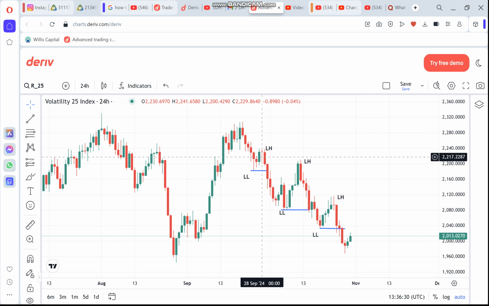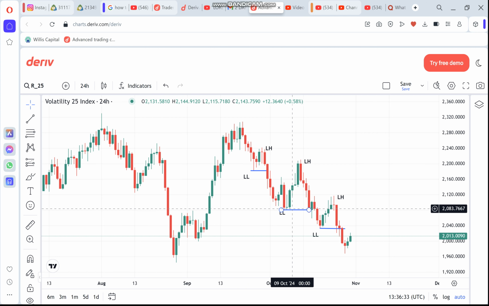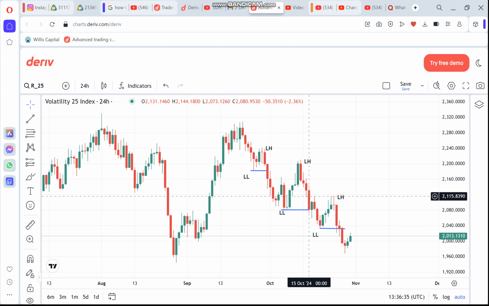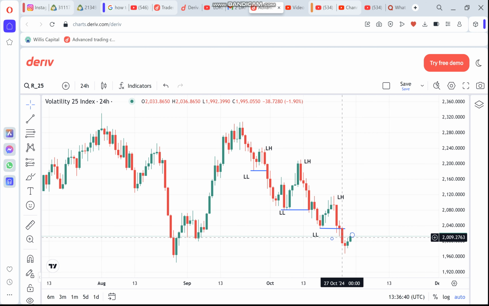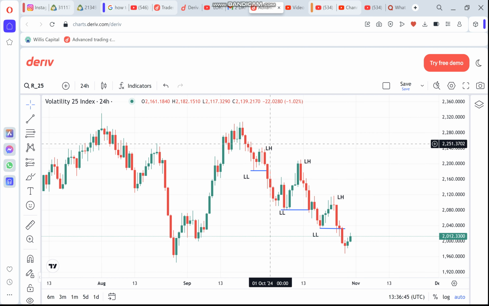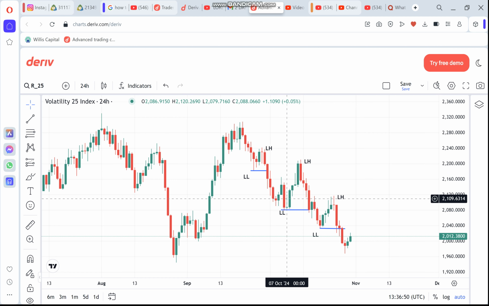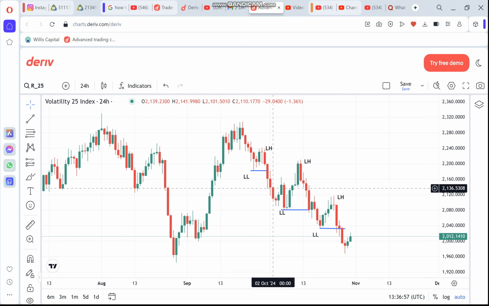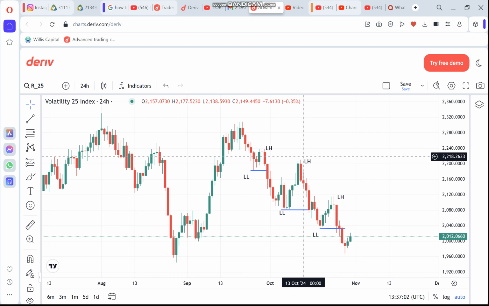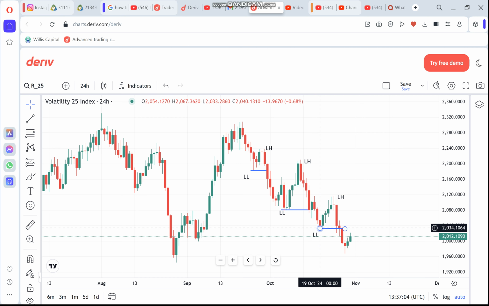As you can see from here, sellers are pushing the price to the downside, and here pushing price to the downside, and here the sellers keep on breaking the structure to the downside. And as you can see now, any pullback after a break of structure, we have pullbacks before the price proceeds going on to the market direction.